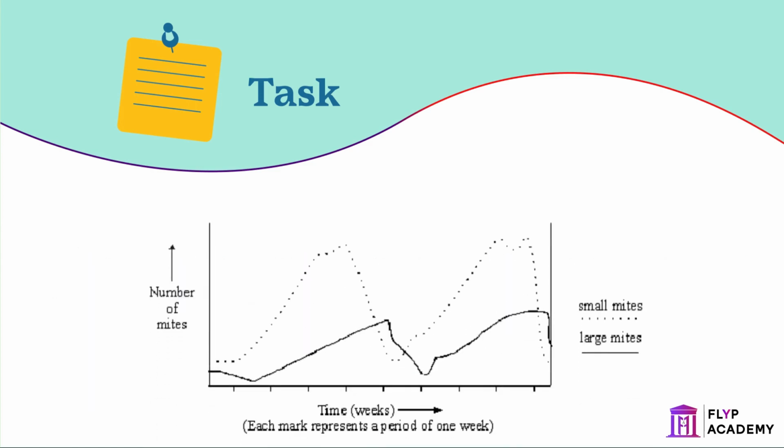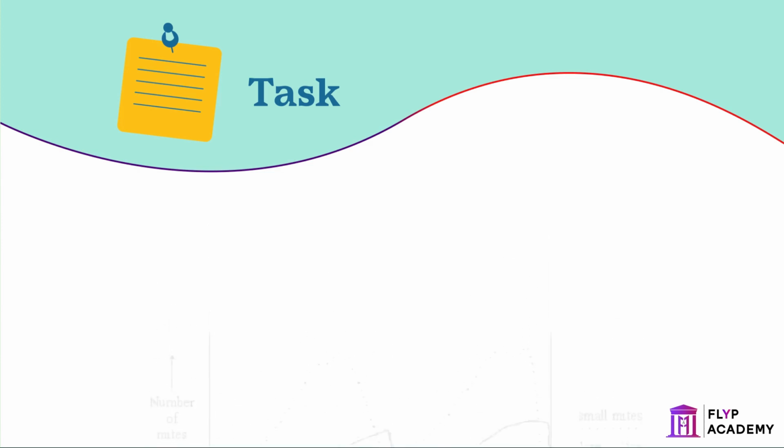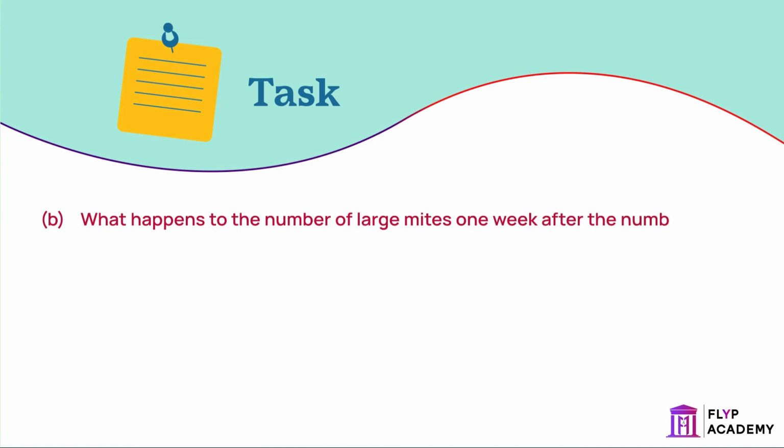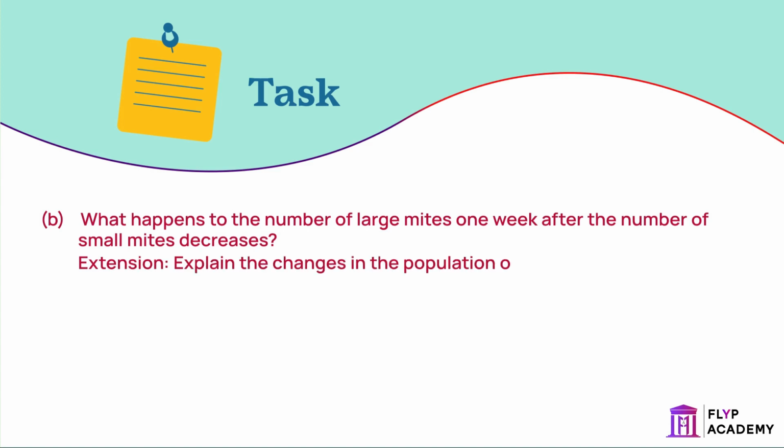The graph shows how the number of these mites change over a period of time. B. What happens to the number of large mites 1 week after the number of small mites decreases? Extension. Explain the changes in the population of large mites and small mites.